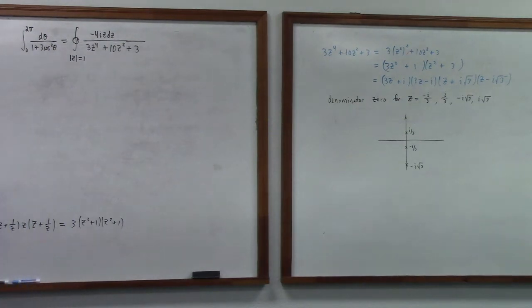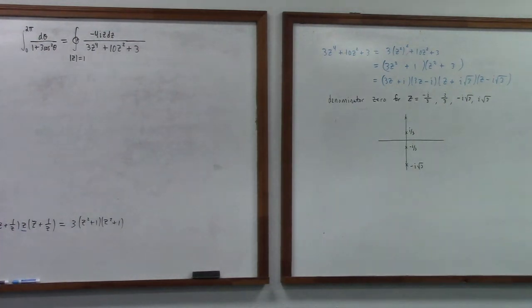So you kept one z out, right? Did you have a z squared? Yeah, this z squared becomes this one and that one.